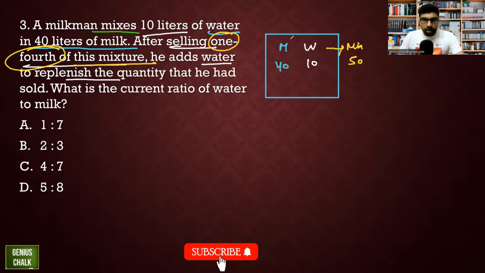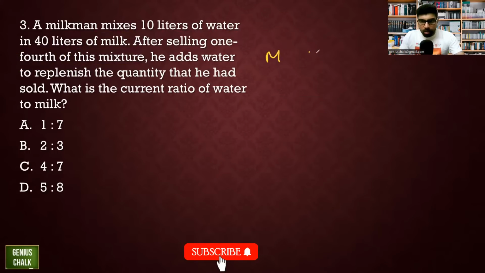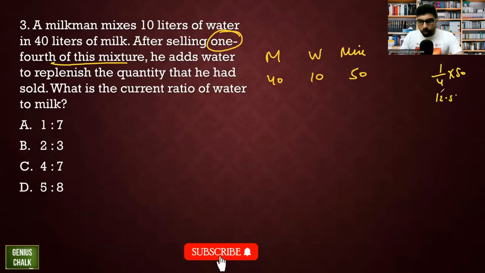So now I'll write like this: milk, water, mixture. Milk was 40, water was 10, total is 50. Now it's saying after selling 1/4 of this mixture. That means 1/4 of 50, that is 12.5.